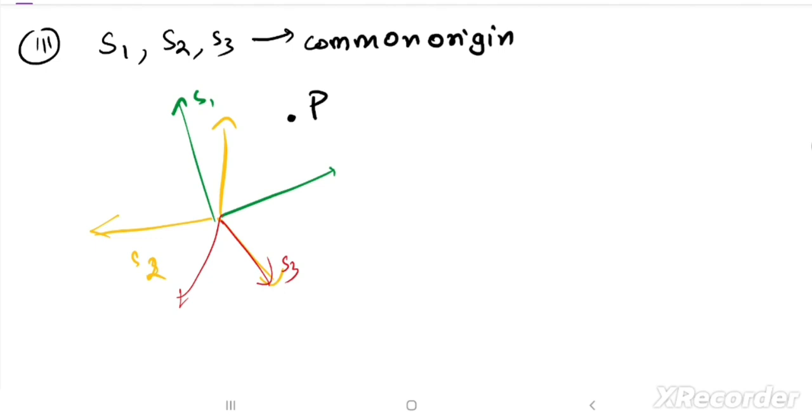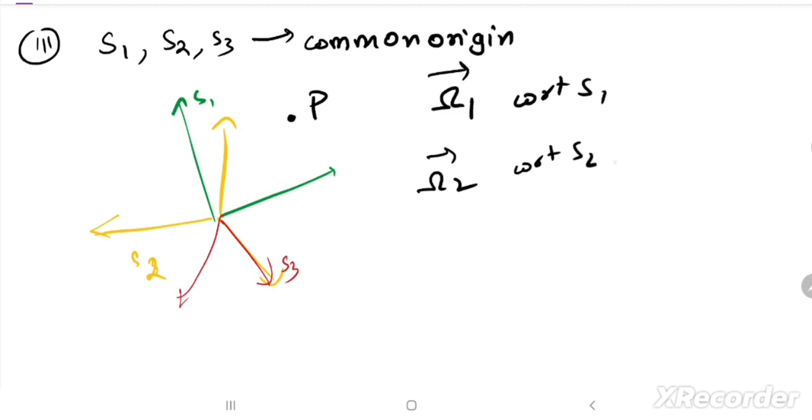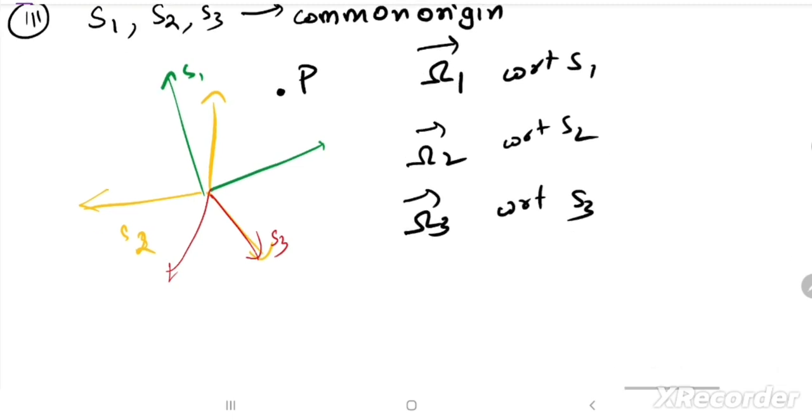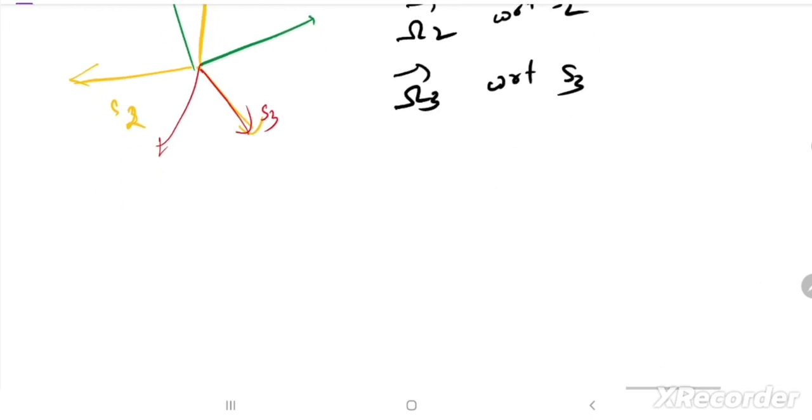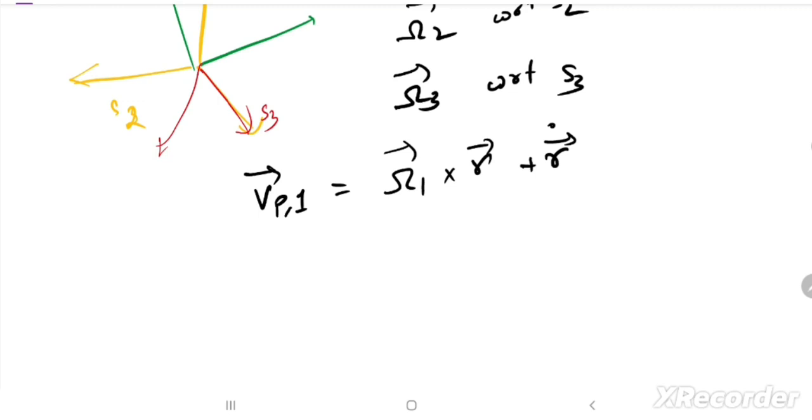Consider the particle has omega vector omega 1 with respect to S1, omega 2 vector with respect to S2, omega 3 vector with respect to S3. Now what is the velocity vector of point P with respect to frame 1? It will be omega 1 vector cross r1 vector. Now there may be some r1 dot vector also. I'm not considering that. I'm only considering the motion due to rotation.